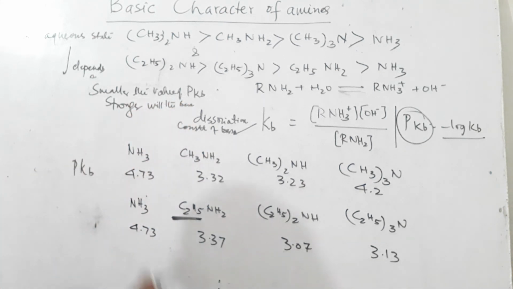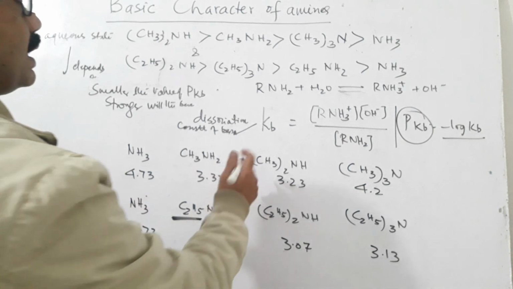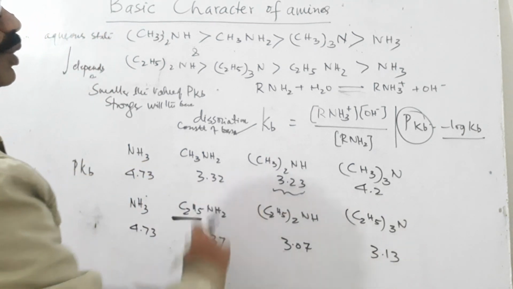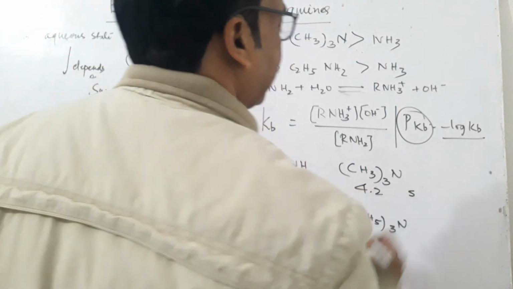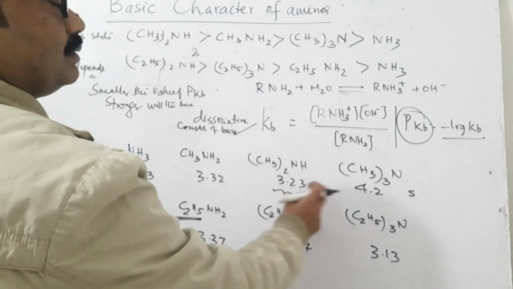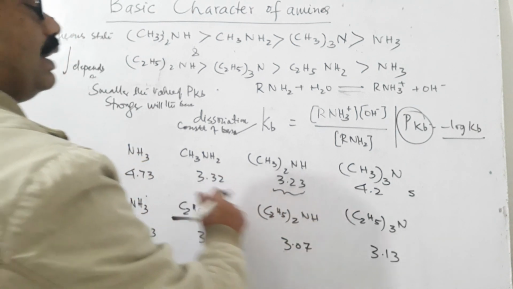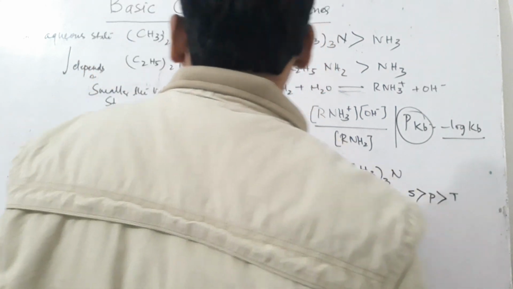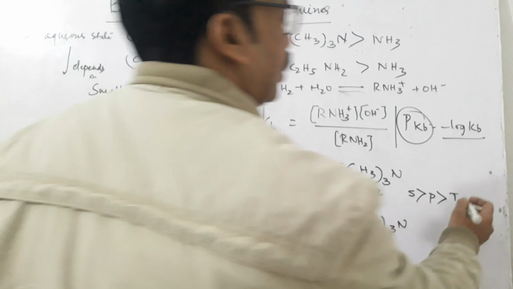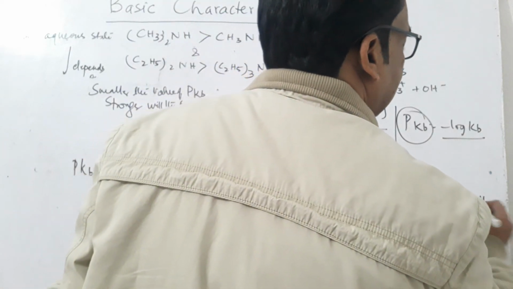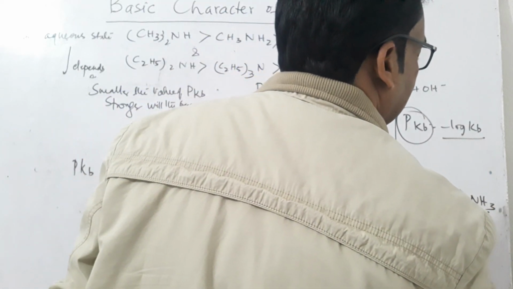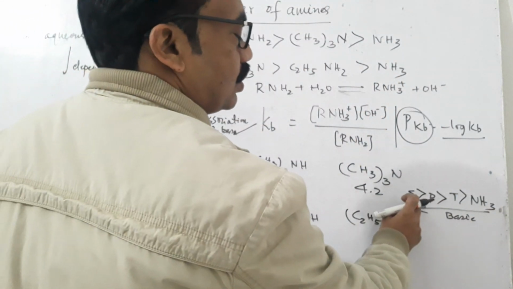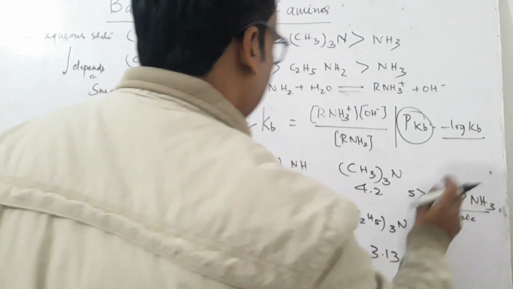So the basic strength in this case: 3.23 is least, so secondary is more basic, then primary, then tertiary, and ammonia at 4.73 will be last. So if the alkyl group is methyl, the order is secondary, primary, tertiary, then ammonia.